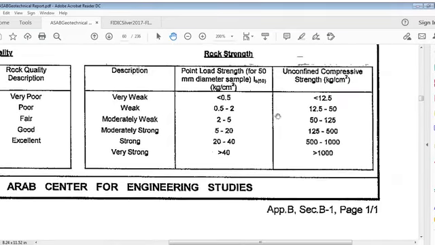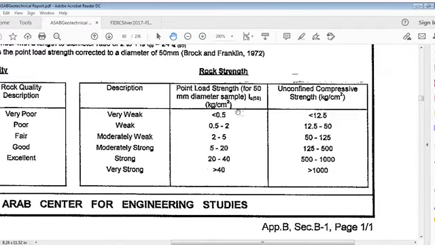For point load strength for a 50 mm diameter sample, Is(50) less than 0.5 kilogram per centimeter square is very weak, 0.5 to 2 is weak, 2 to 5 is moderately weak, 5 to 20 is moderately strong, 20 to 40 is strong, and greater than 40 kilogram per centimeter square is very strong.